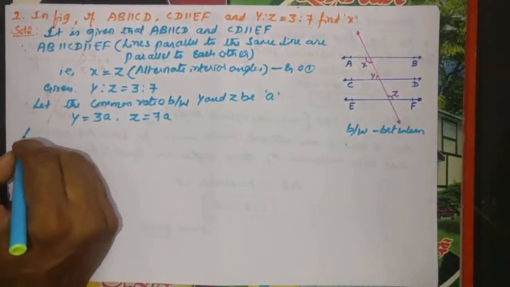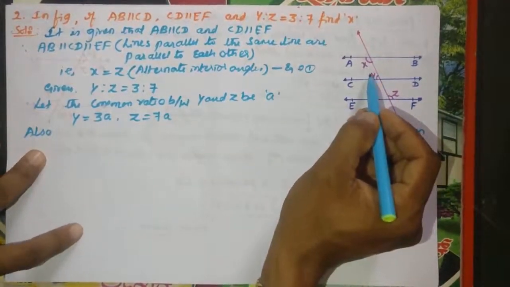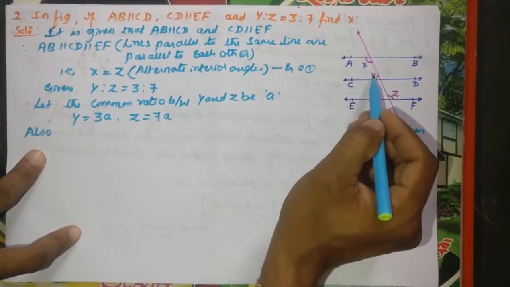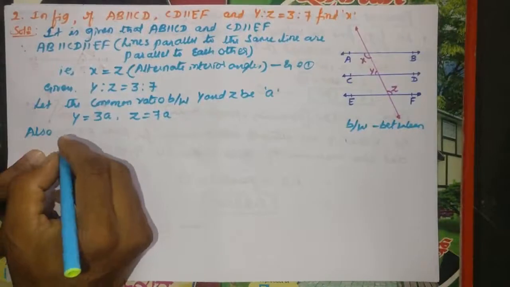Also, x plus y is equal to 180 degrees because of co-interior angles on the same side of the transversal.